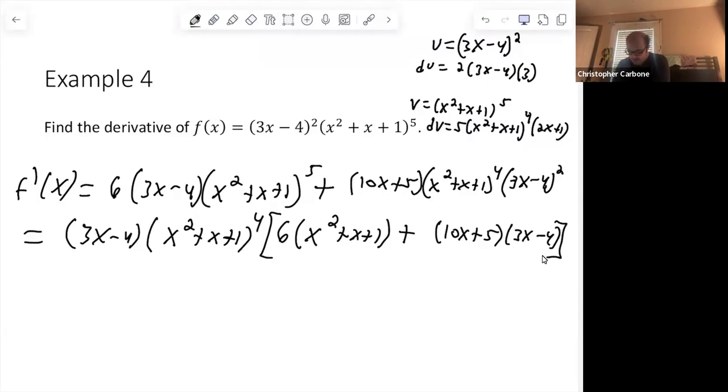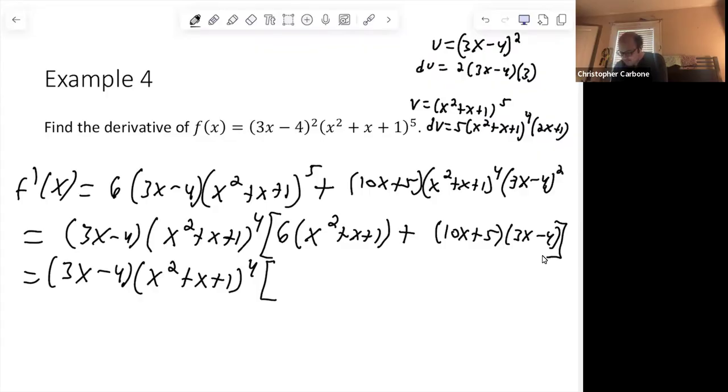So simplifying everything in the brackets, can't really do too much with the outside. (3x minus 4) times (x squared plus x plus 1) to the fourth power times, multiplying the 6 and then foiling the other two binomials, this would give us 6x squared plus 6x plus 6 plus 30x squared plus 15x minus 40x minus 20.